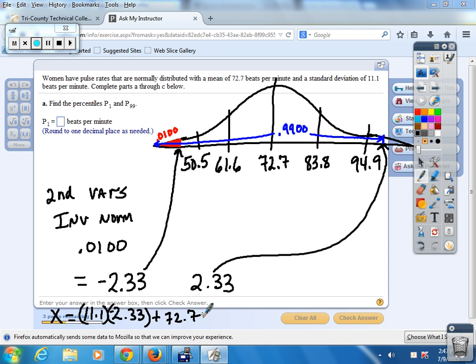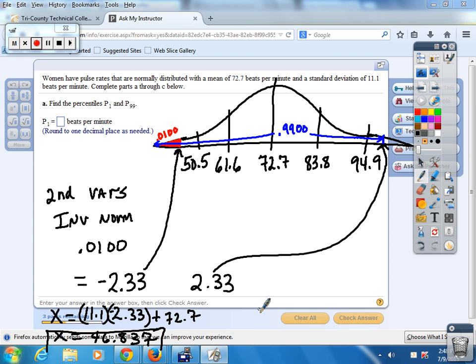Negative 22 would be around 50 beats per minute. What is it? 46.837. That's your first number, round it accordingly.